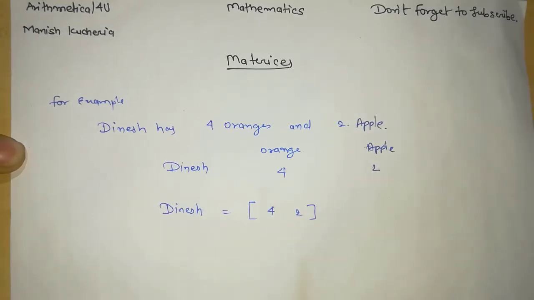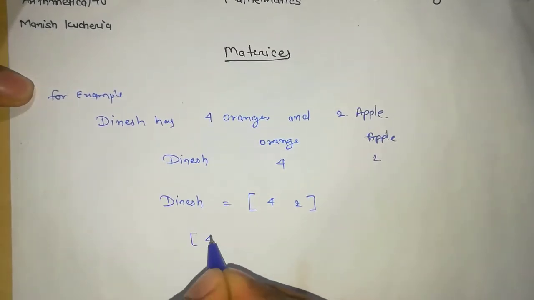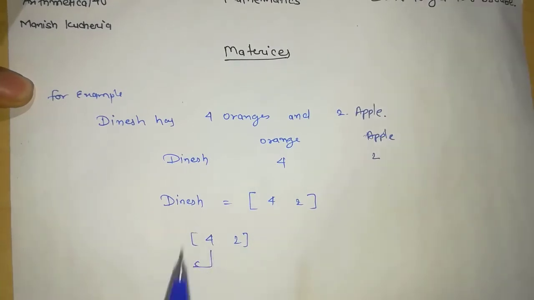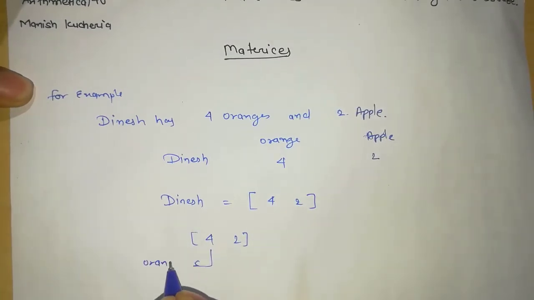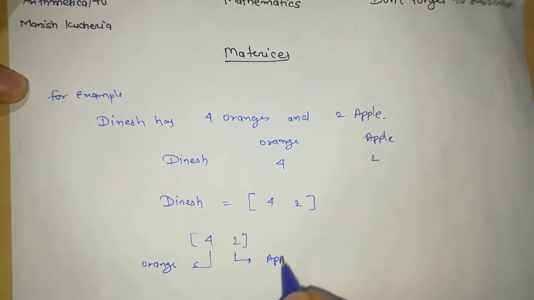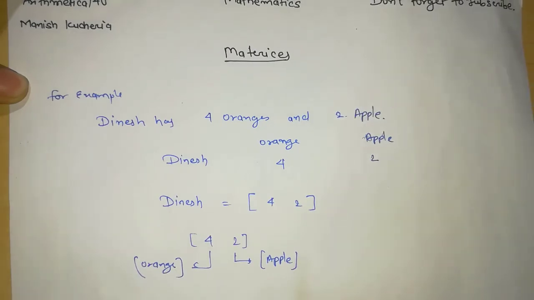Now with the understanding of 4 and 2, we see that the first number represents the number of oranges and the second number represents the number of apples.